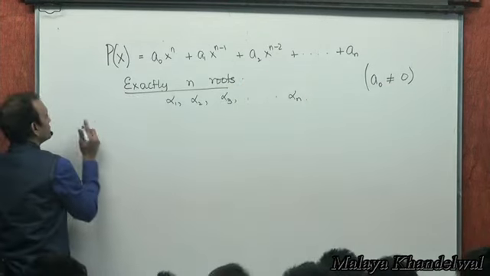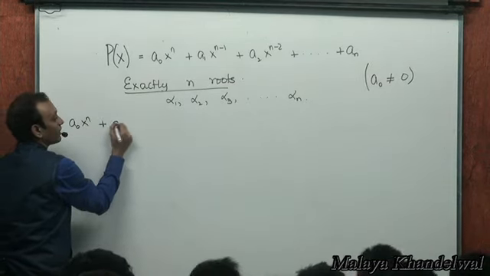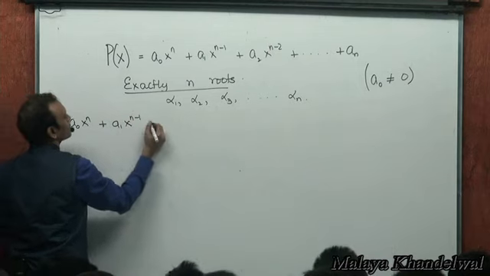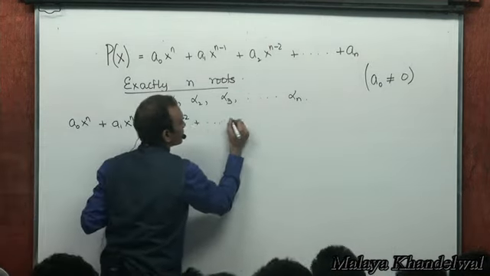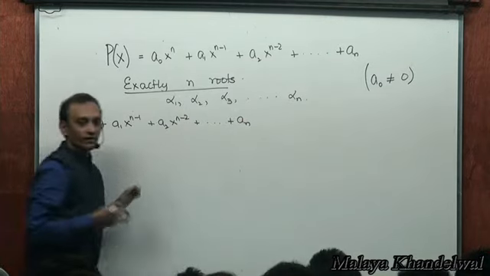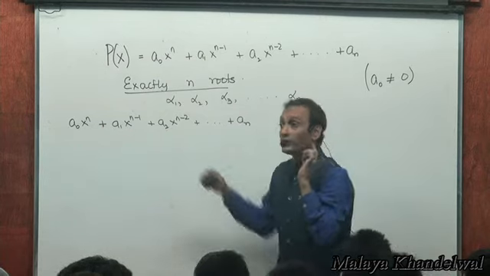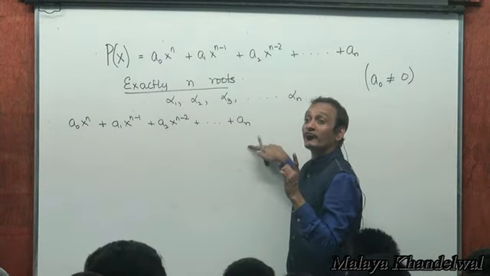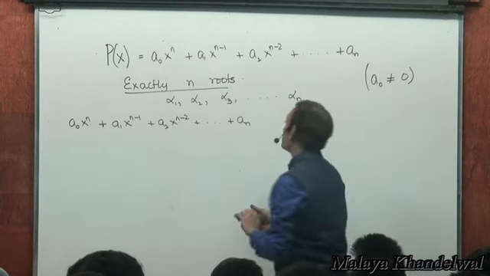Now if this polynomial a0 x power n plus a1 x power n minus 1 plus a2 x power n minus 2 plus an vanishes for x equal to alpha 1, that means x minus alpha 1 must be a factor of this polynomial.